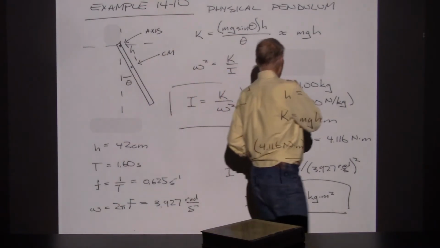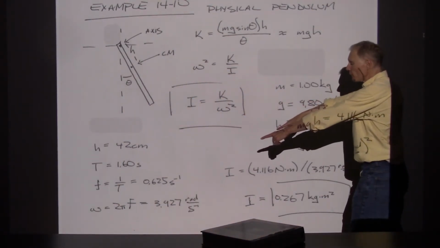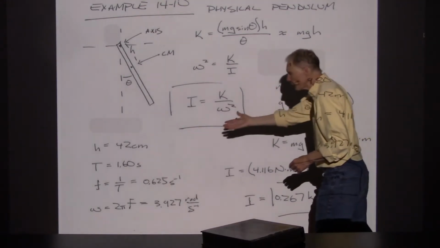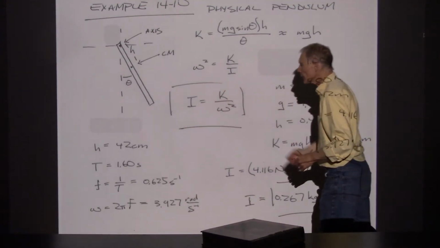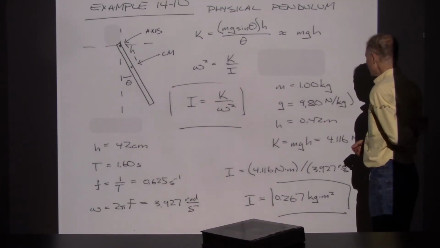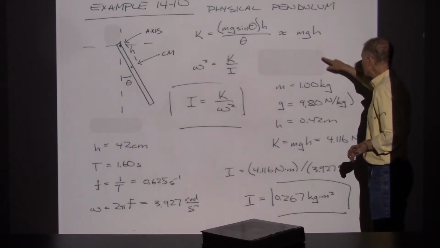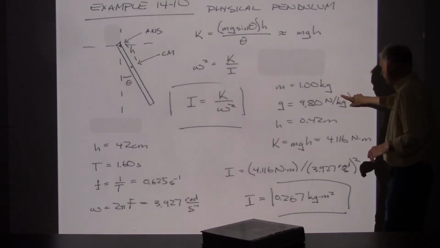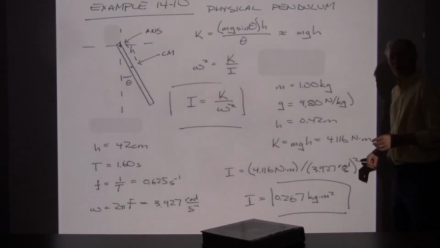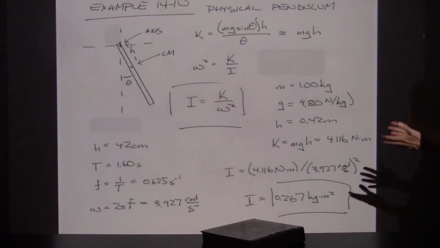Now we've got the frequency, using the period that they gave us. Now what we need to do is come up with the k value. The k value will be given by mgh. This is m, this is g, this is h, this is k. So the k value is going to be 4.116, the torque constant, newton meters.